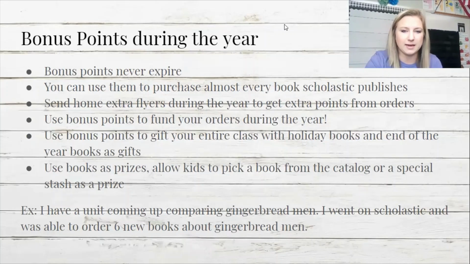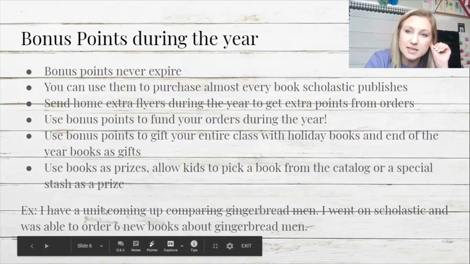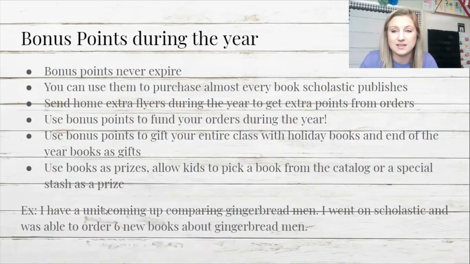So, I hope this isn't too confusing, but here's an example of what I did. After I had that 10,000 bonus points with that initial order, I would go in and fill in, like, okay, I don't have a book for April yet. And so I would order a $1 book for that. And then I would also order, I have a gingerbread unit coming up, and I would go order 6 or 7 gingerbread books to enhance my library. So that's free money for you.